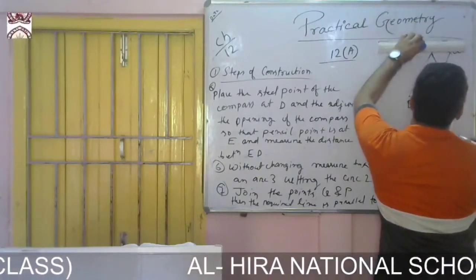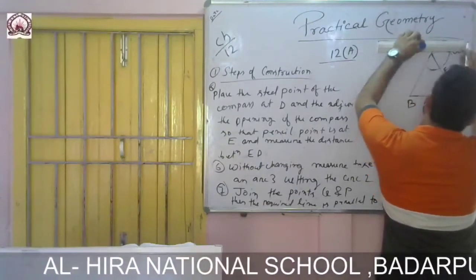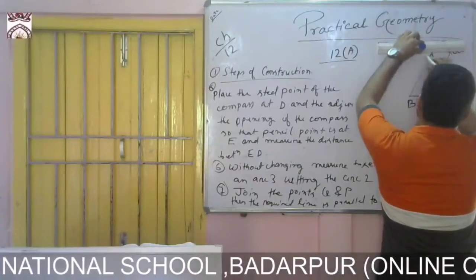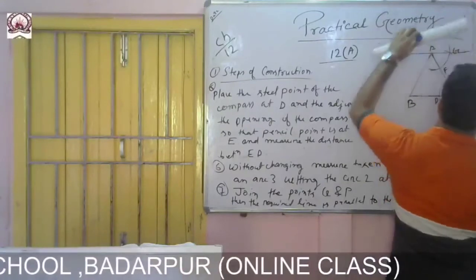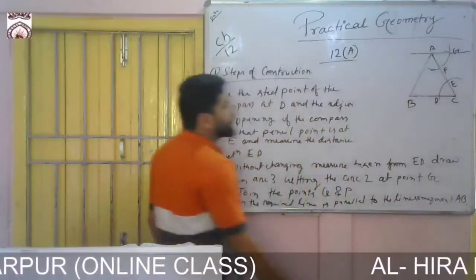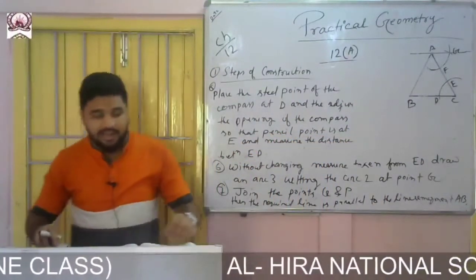Now join these two lines, you will get the exact one. So these are the parallel lines I have drawn. If you draw with your compass and needle, you will get the accurate one.